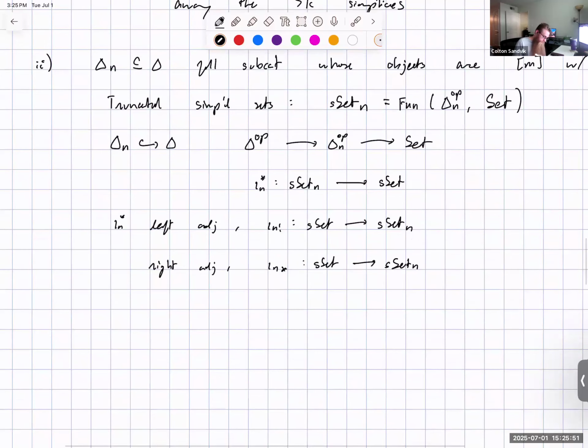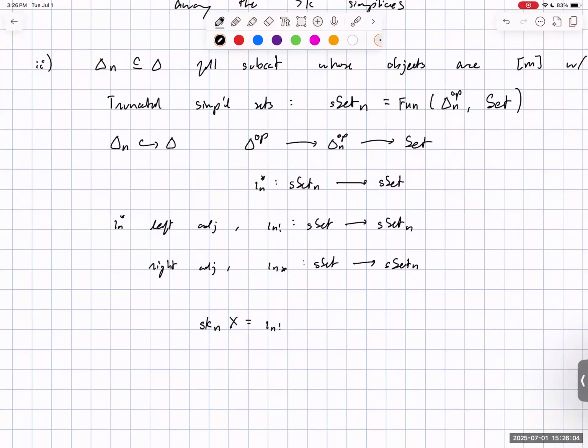And there are two notions that one can associate. There's the n skeleton of X, and this is with the left adjoint, I think. Co-skeleton should be left, I guess. Okay, I'm not very sure. Sorry about it. So maybe we'll put a question mark for which one it is. It's a subtle thing.